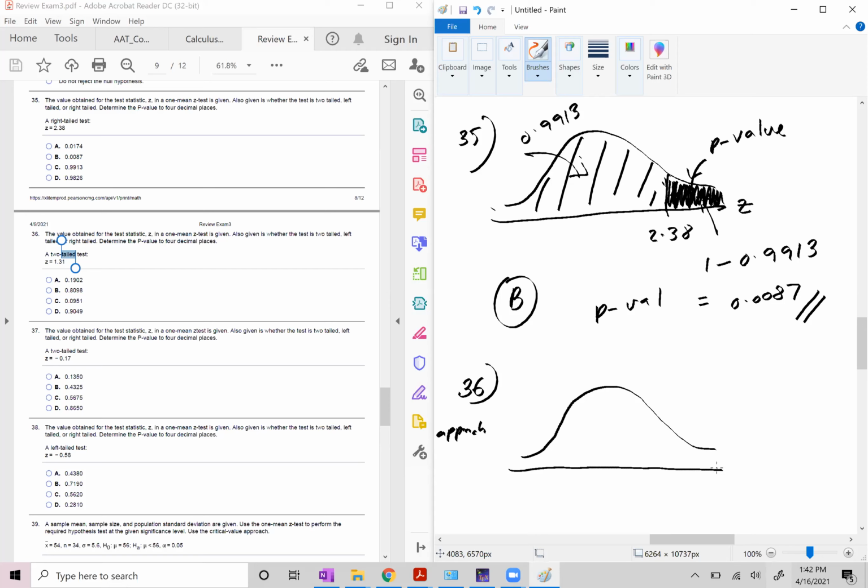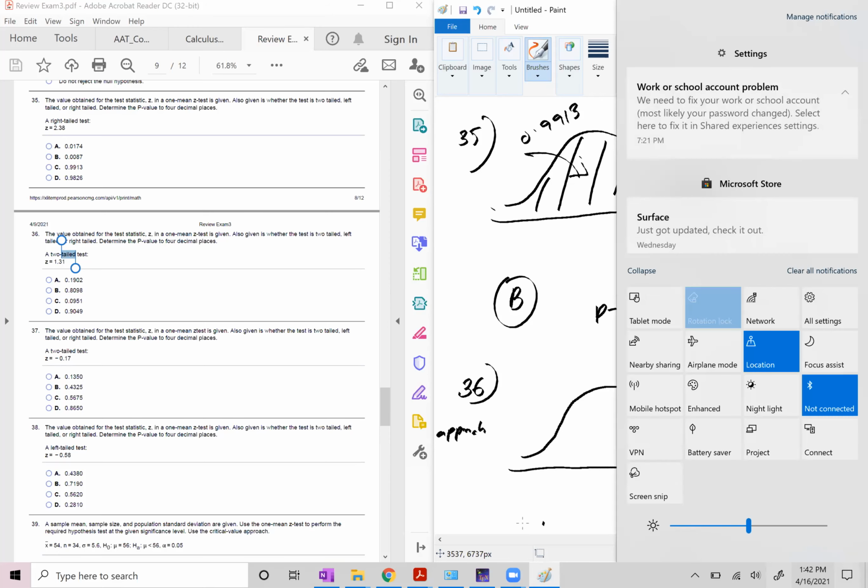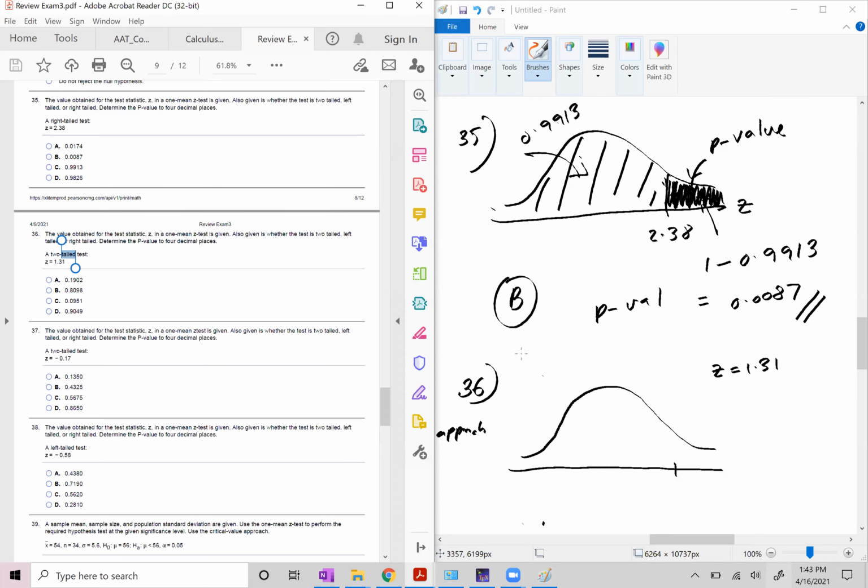Remember that the z value 1.31 is positive, but since it is a two-tailed test, even though you have 1.31, there is another value, negative 1.31, that you need to consider. So keep that in mind.